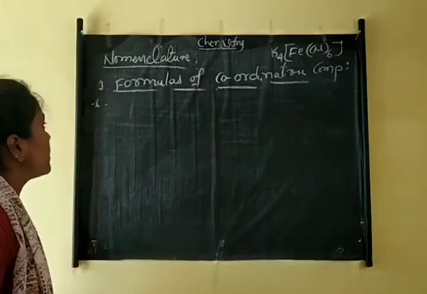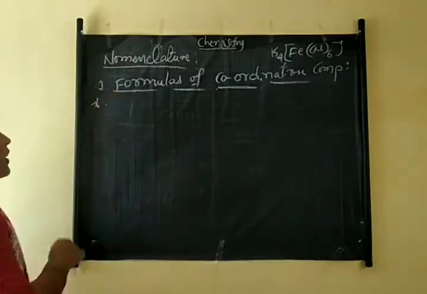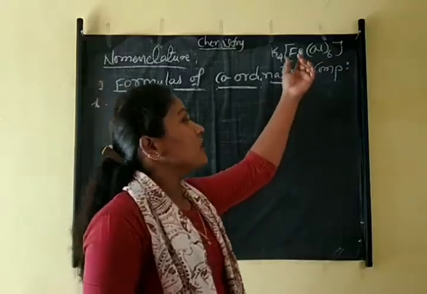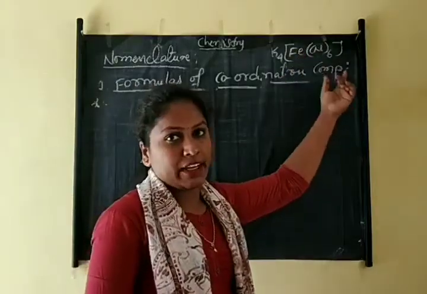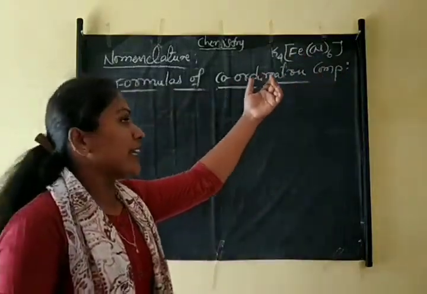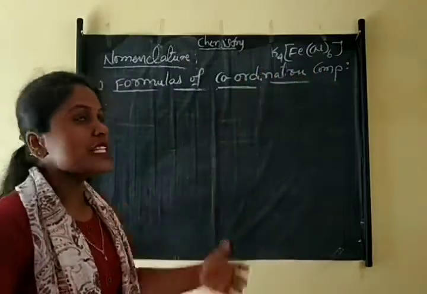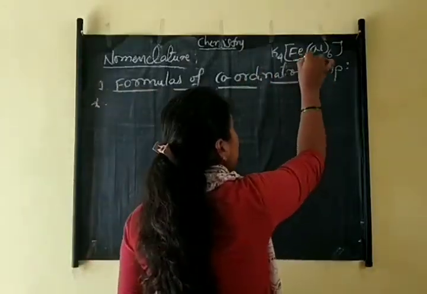So in the first rule, we have to first list the central metal atom. In any coordination compound, first we have to list which one is the central metal atom.